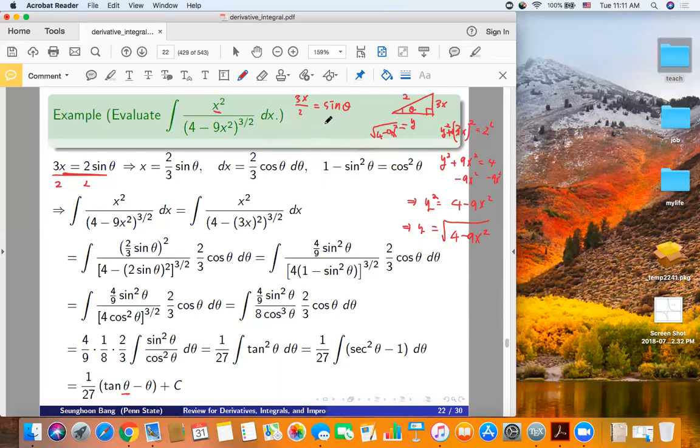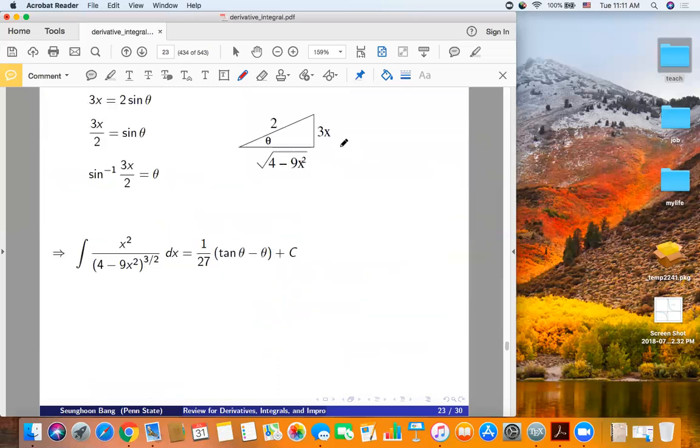Another one. What is theta? You have to use inverse sine. So here, inverse sine of 3x over 2 equals theta. You can use it, right? This is the whole idea. So we have this one, and we can change here. What is tangent theta?